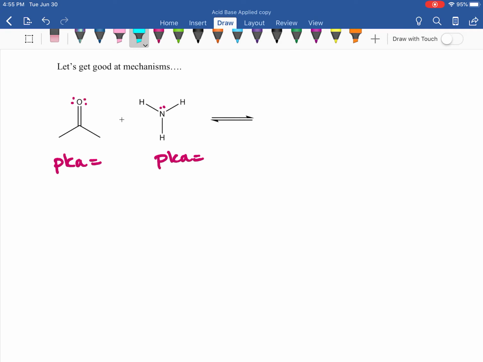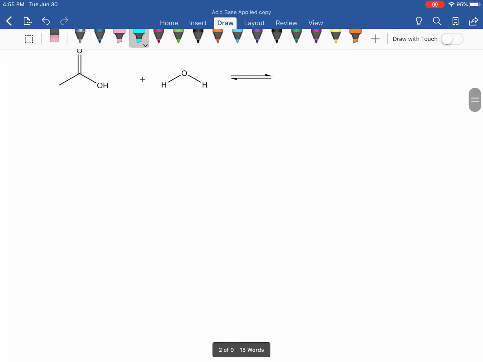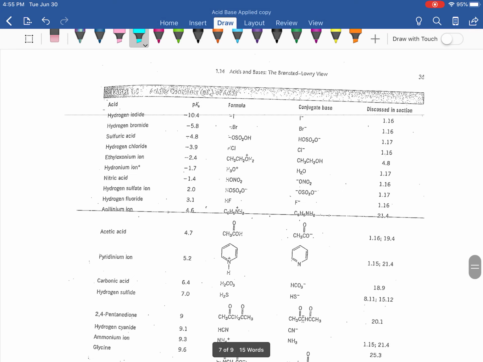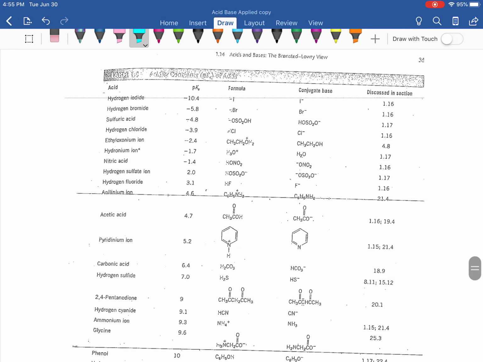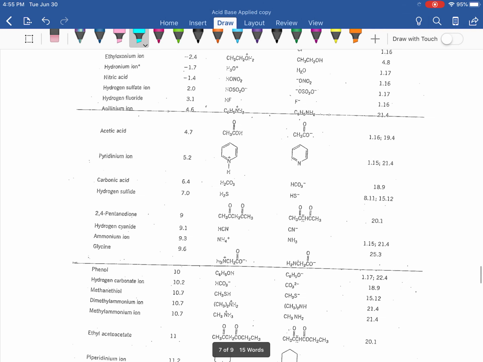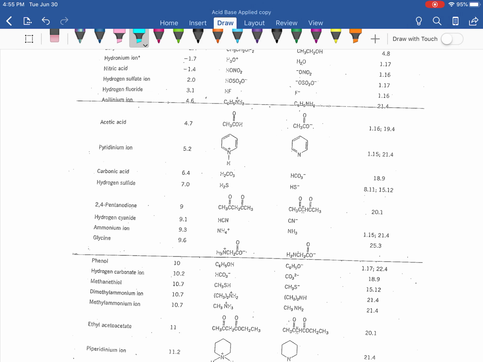So I'm going to switch to my highlighter, and let's see if we can find both of those on our pKa table. So you can see I put a bunch of examples in here. I'm super excited. So let's go to our pKa table, and let's see if we can find acetone and ammonia. I see ammonia, but it's over in this column.